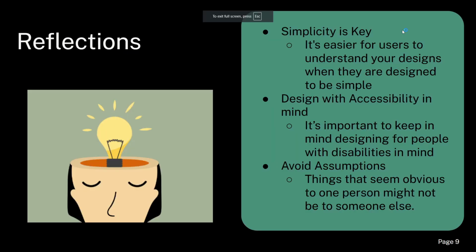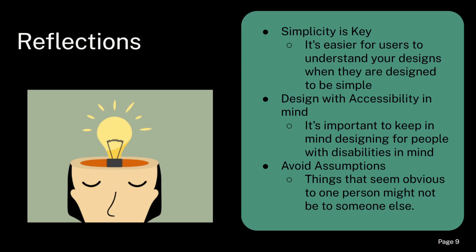Moving on, some of the things I've learned throughout this project. Simplicity is definitely a key factor when it comes to designing. That's something I definitely learned during this process. I found that it's easier for users to understand your designs when they're designed to be simple.